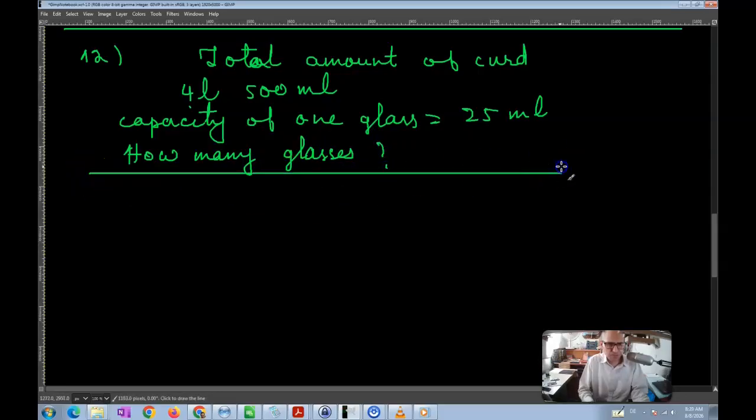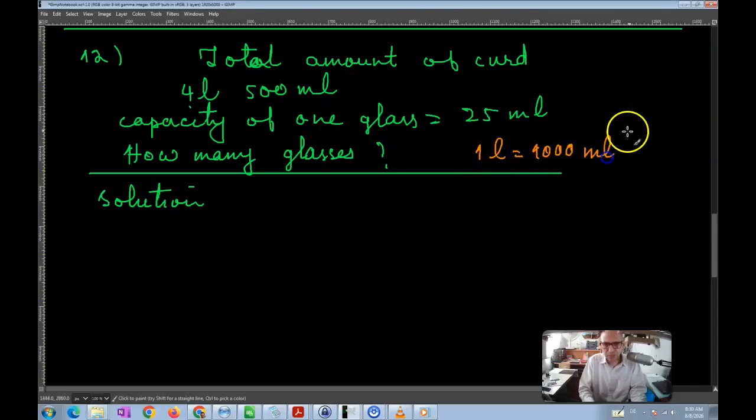Now for the solution, you see that I have 4 liters 500 milliliters, and then I have milliliters here. So I'm going to convert all the units to milliliters, and here you need to note that 1 liter is equal to 1000 milliliters, right?